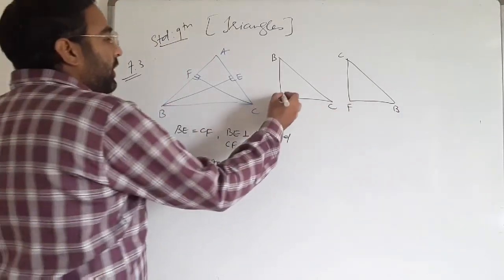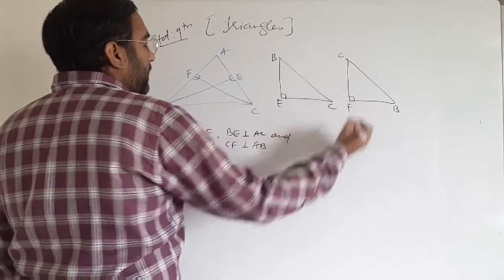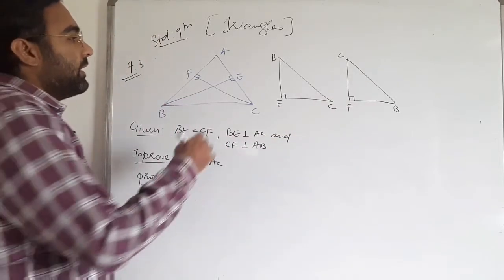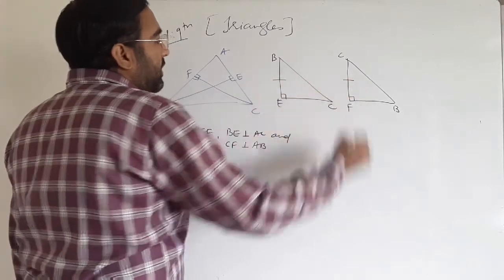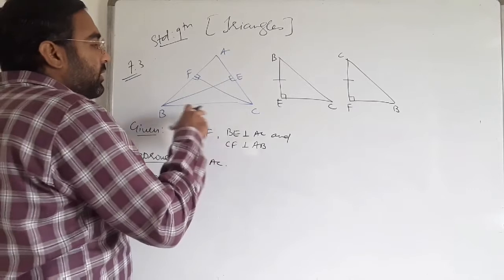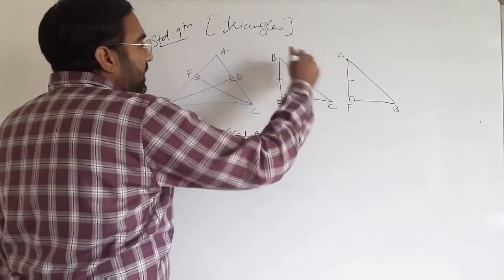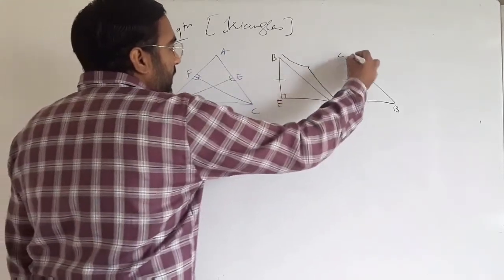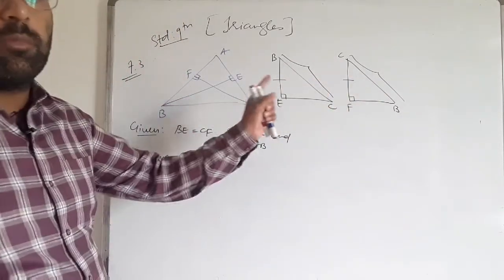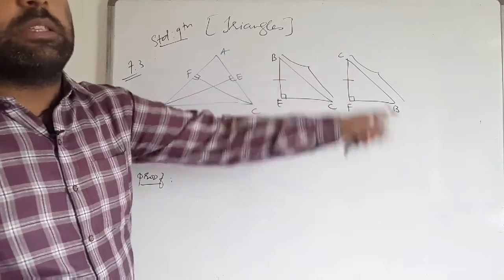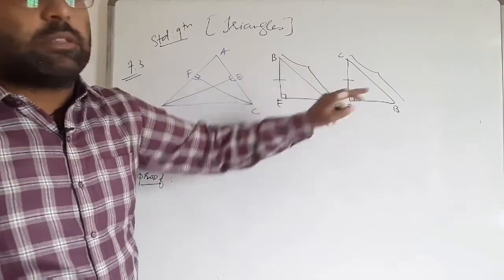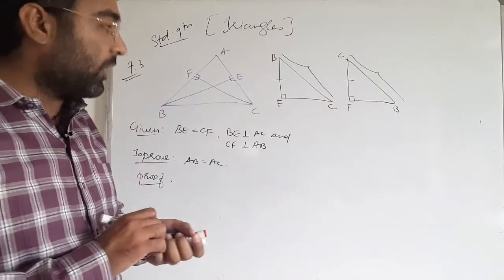Clear? In both of them, angle E and angle F are both 90. Second, BE and CF, the altitudes, are also given as equal. And third, BC, the hypotenuse of both triangles, is common to both.